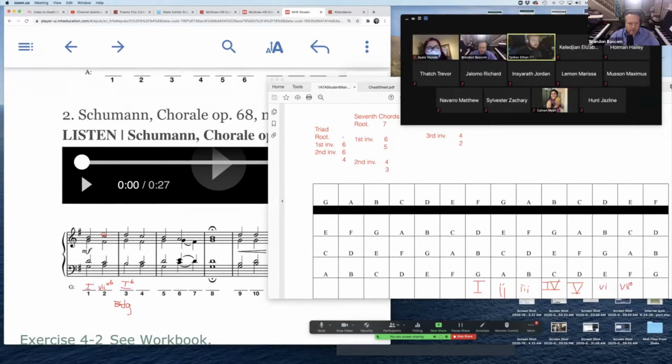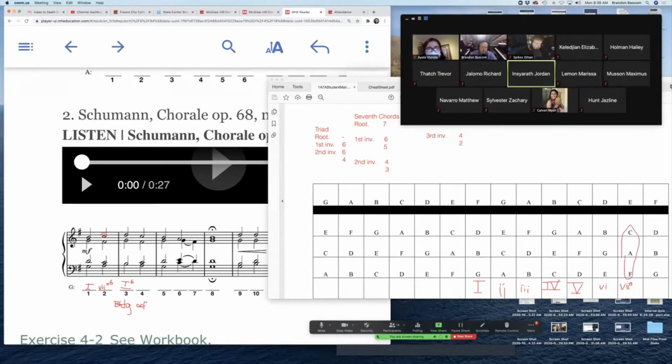Jordan, next chord. We have an A, a C, an F, and a C. So it's a 7 chord.